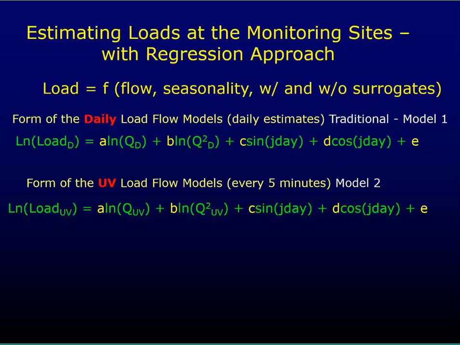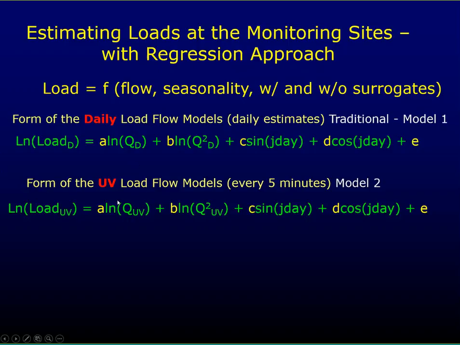The second model we're using is very similar to the first one, but instead of using the daily flows, we're using 5-minute flows or 15-minute flows, depending on what was being collected at the site. But for the most part, we're going to extrapolate down to 5 minutes anyhow. So we're using very short-term flows in our relationship.